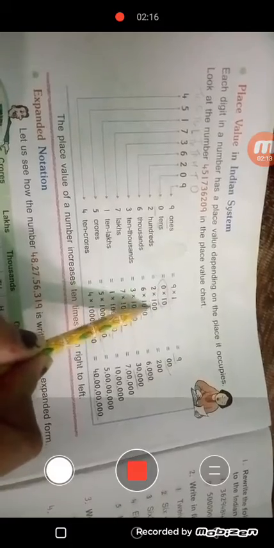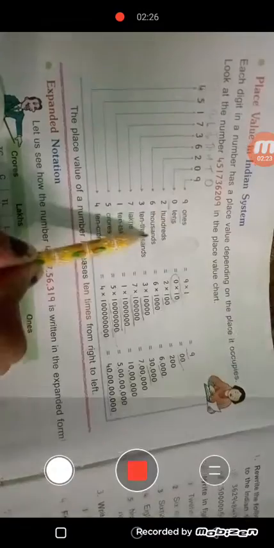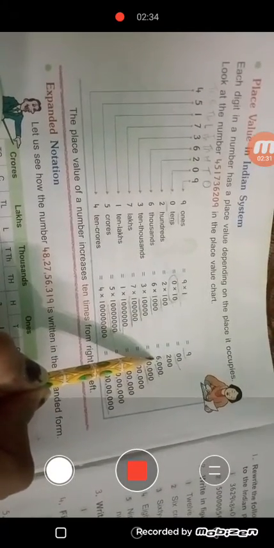Our next number, 2 hundreds. 100 means 100, so we have to multiply 2 with 100. It will become 200 after multiplication. Now 6 is on thousands place. 1000 means 1 and 3 zeros. So when we multiply this number with 1000, it will become 6000.